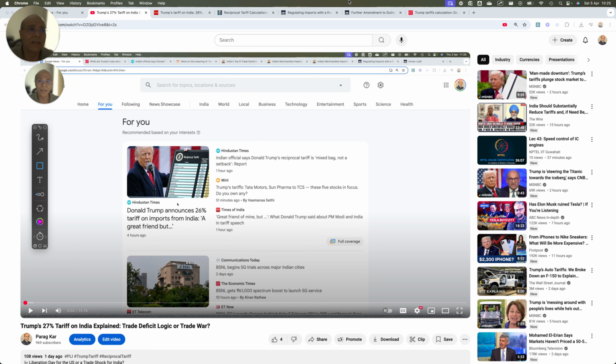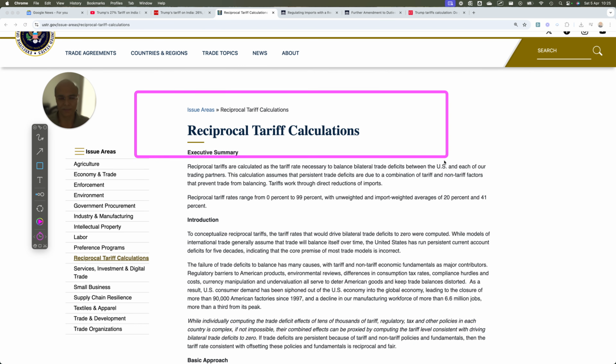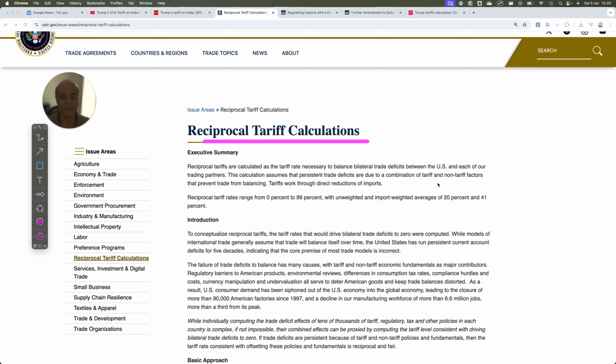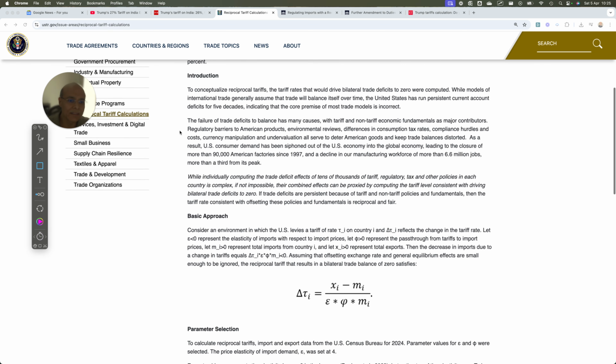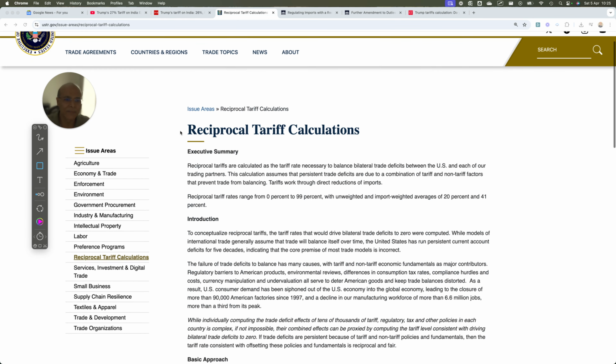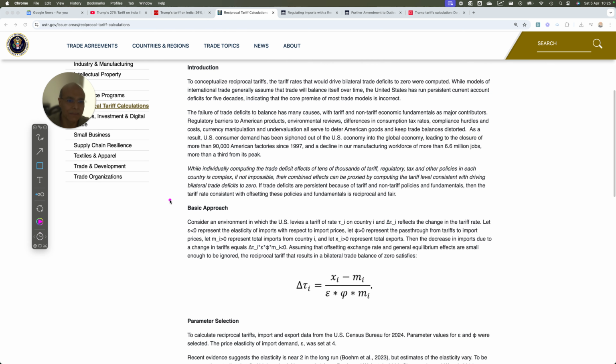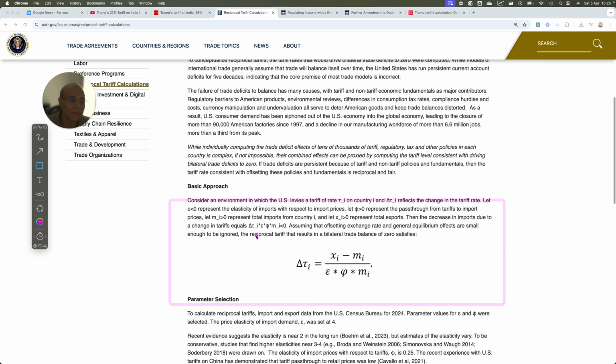And then finally the US department, the USTR, USTR.gov, came out with this explanation, the reciprocal tariff calculation. If you read it, you will find it is a very small document, maybe not even a page, with an executive summary, an introduction, the basic approach, and a formula which looks quite overwhelming.